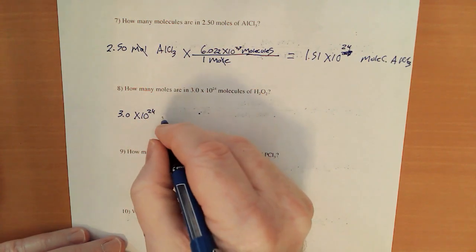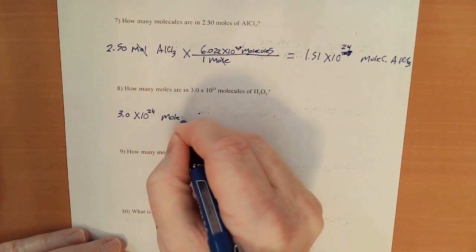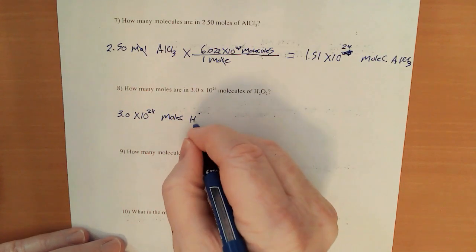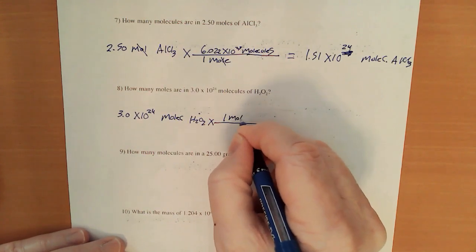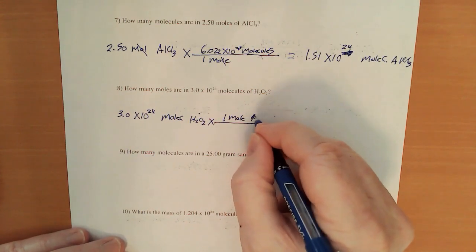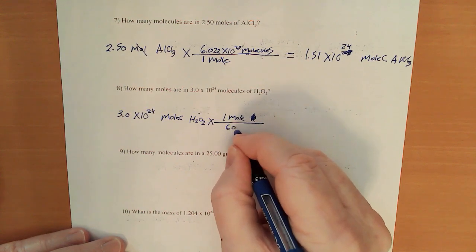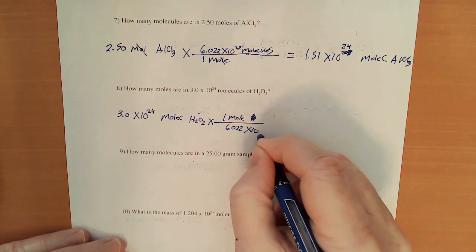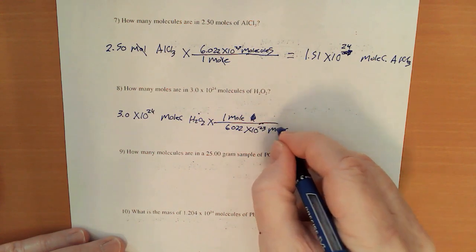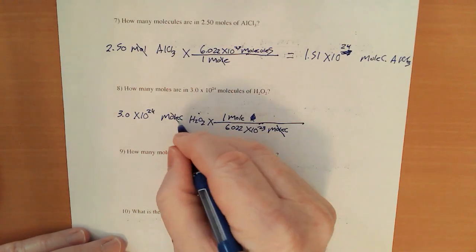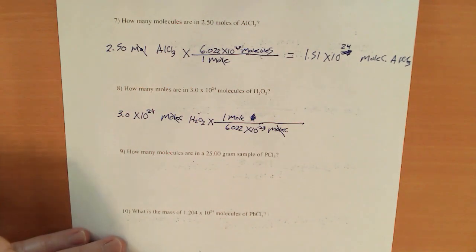Okay. Now if I have 3.0 times 10 to the 24th molecules of H2O2 times 1 mole has 6.022 times 10 to the 23rd molecules. Molecules cancels molecules. Running some numbers through my calculator.